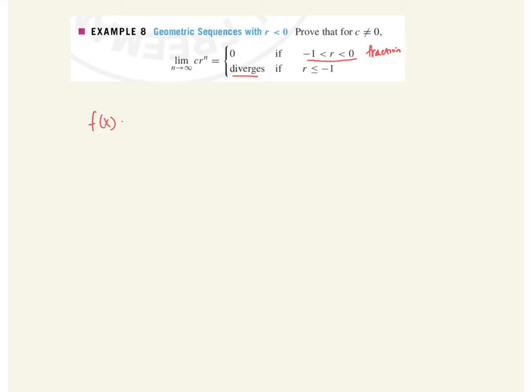So we're using that same function, c r to the x power, specifically when we analyze between 0 and -1, which is a fraction, right? The limit as n approaches infinity, whether it is positive or negative, in this situation, doesn't change anything.